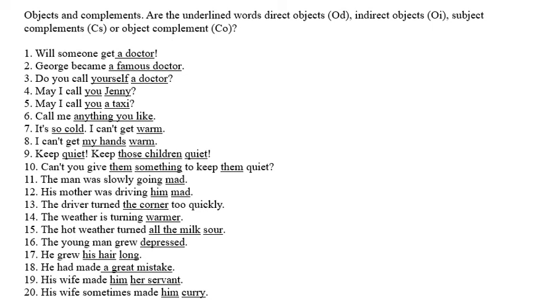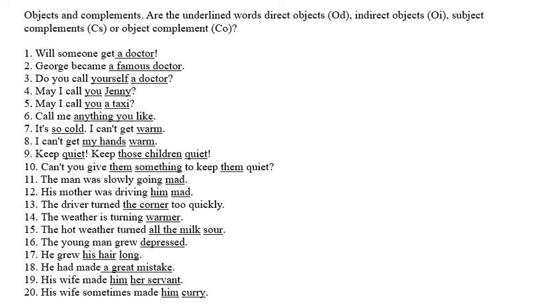What's important for us is that you, okay, is a subject, call is a verb, yourself, okay, whom you call something. So this is the object of the verb call, right? It's a direct object of the verb call, okay? And then a doctor is a description of yourself.